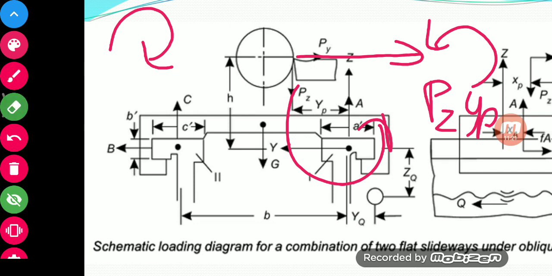next moment is the moment which is caused because of Py.